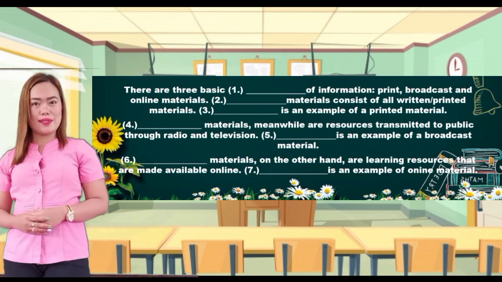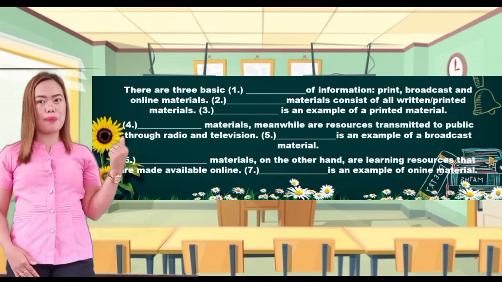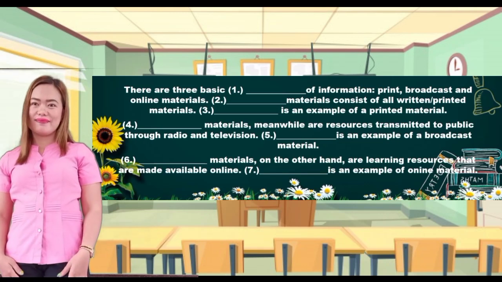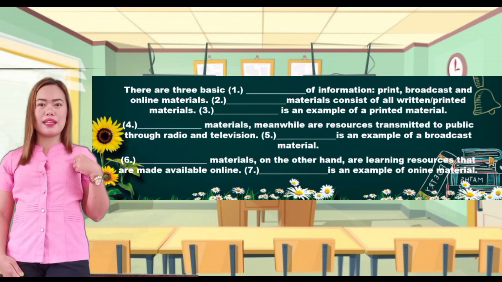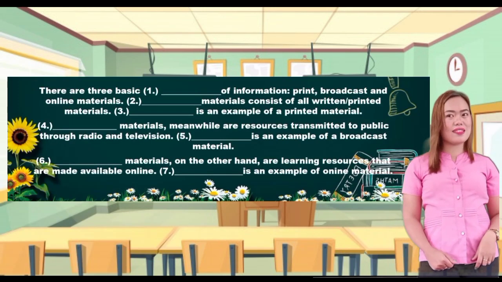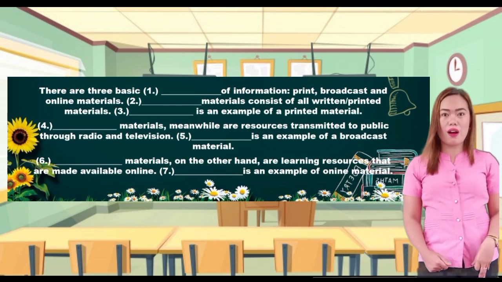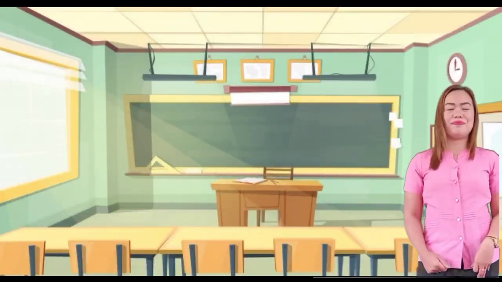Blank materials, meanwhile, are resources transmitted to public through radio and television. Blank is an example of a broadcast materials. Blank materials, on the other hand, are learning resources that are made available online. Blank is an example of online material.